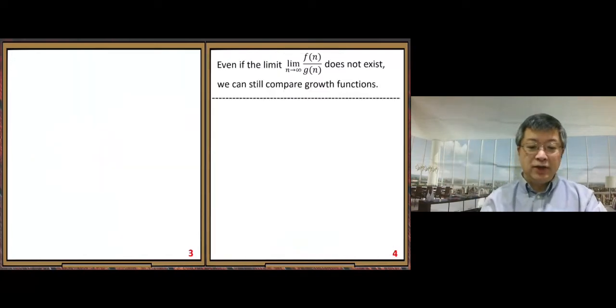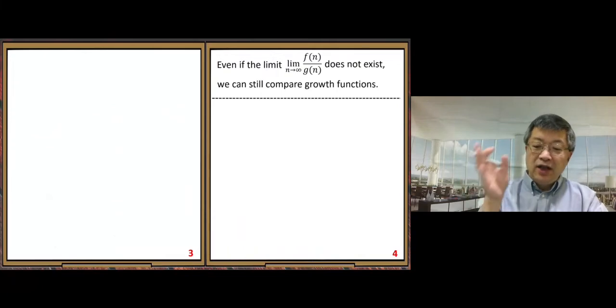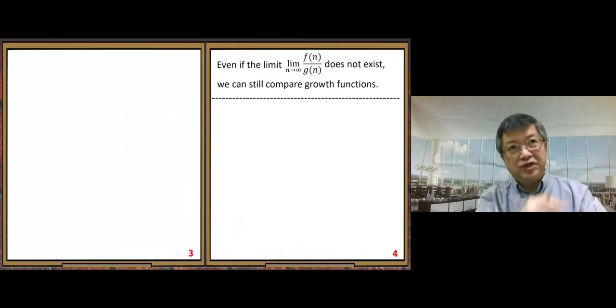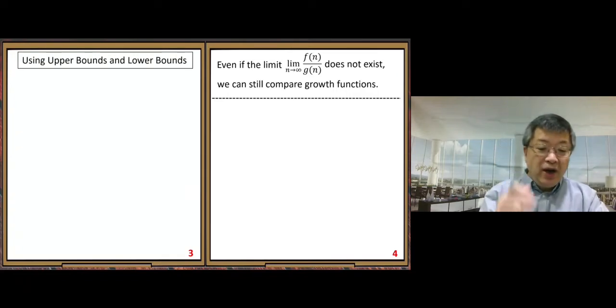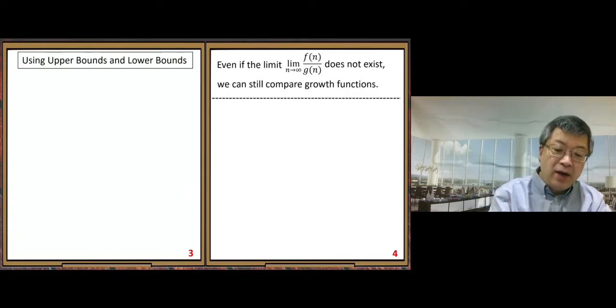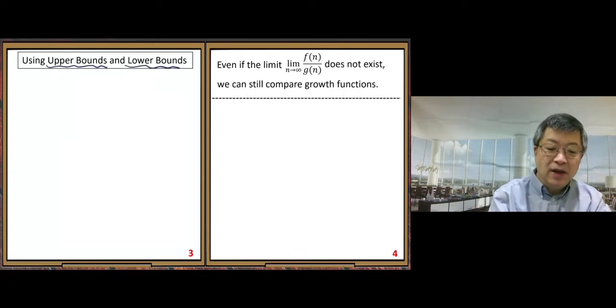All right, this slide. Let's discuss the situation where the limit does not exist. Here we use upper bounds and lower bounds.